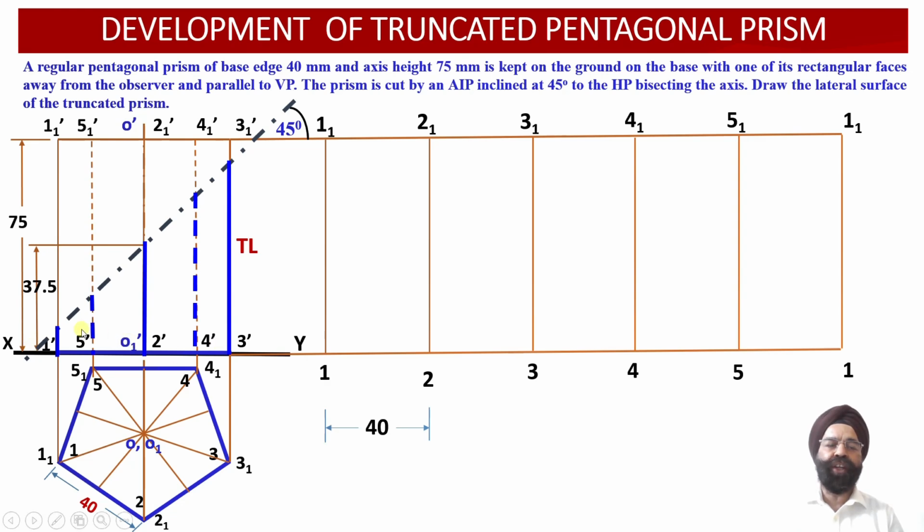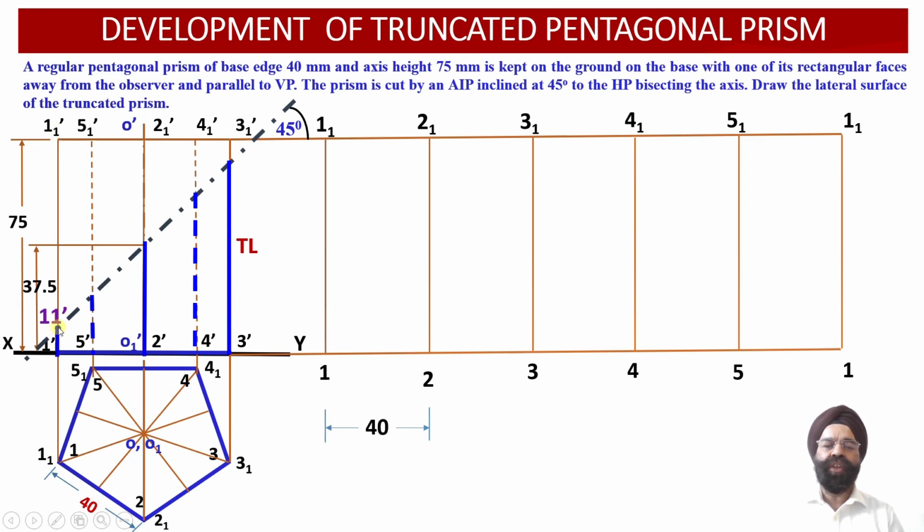So let us obtain the first point of intersection. The first point of intersection will be point 11 dash, which is obtained on the vertical edge 1 1 dash and 1 dash by virtue of the intersection of this AIP with the vertical edge 1 1 dash and 1 dash.